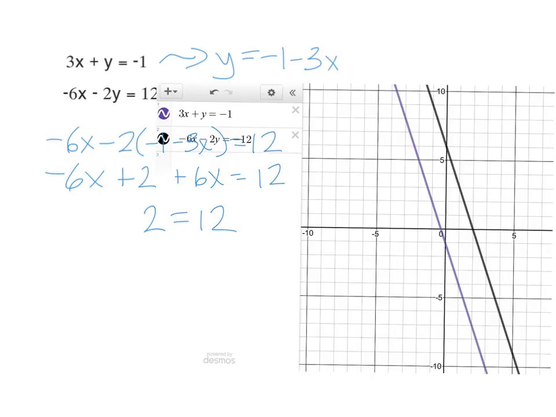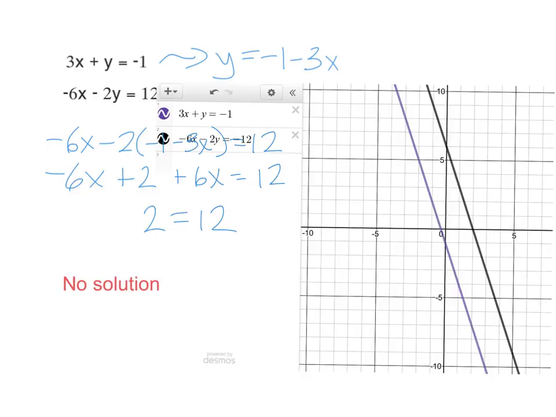And do you know what parallel means? Yeah, beside each other. Beside each other, and they never... They don't cross. They never intersect, which means that there is no solution. No solution for this one. This is what happens when you get two parallel lines.